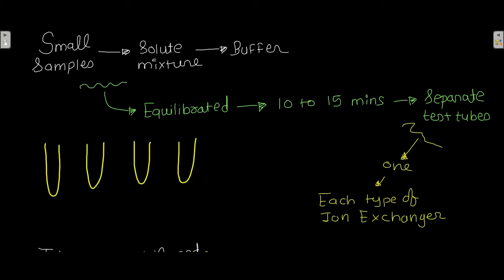So you have different test tubes, and in each test tube you have a small sample in solution, in the buffer. Now in each test tube you will put an ion exchanger, and the ion exchanger in each tube is different.